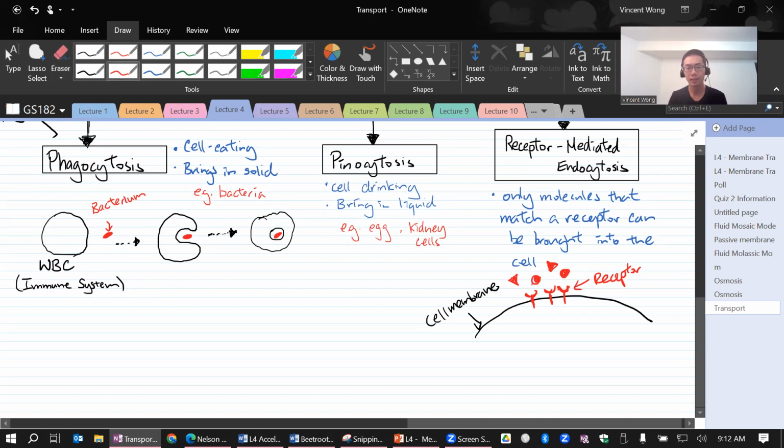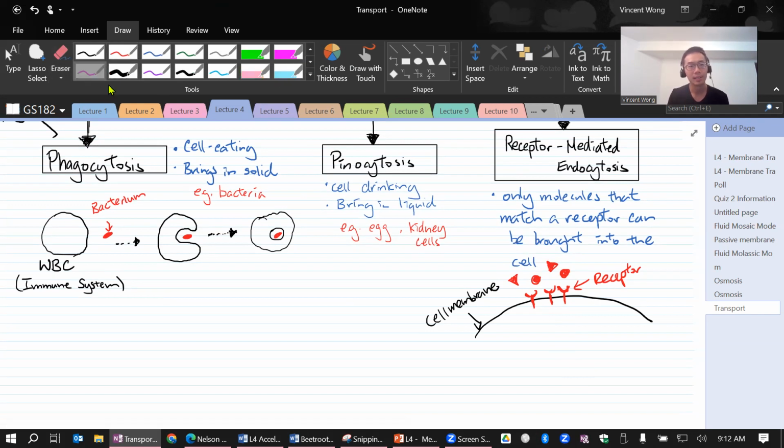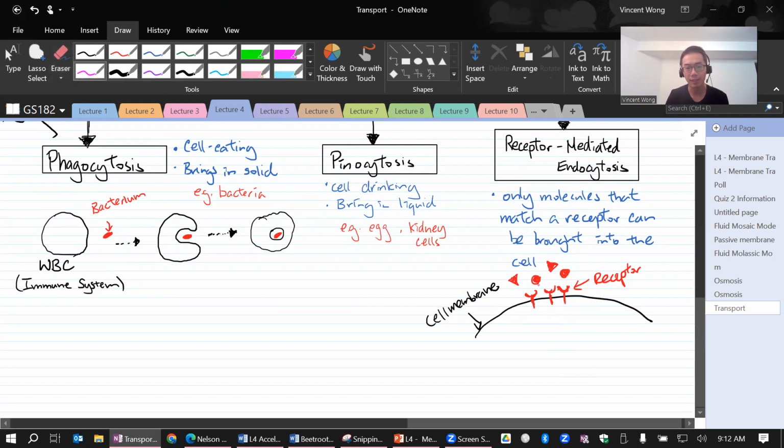Okay. Which one will we be able to bring in? Hopefully, it's not a very difficult question. Only the circles match the receptor, right? Match the receptor, right?